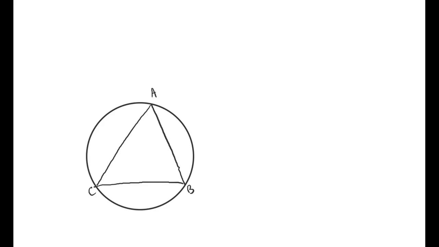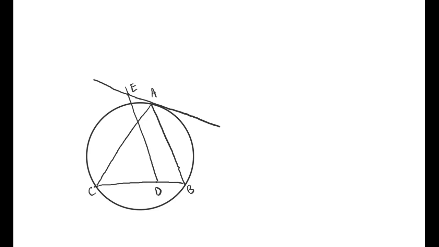And we have a point D on BC, and the tangent to the circle at A intersects the line parallel to BA through D at a point which we'll call E.